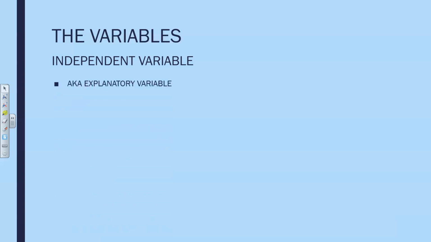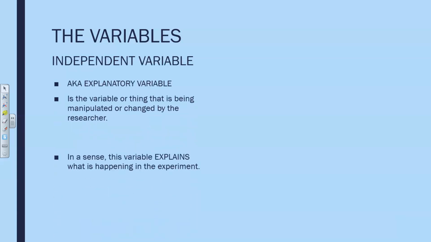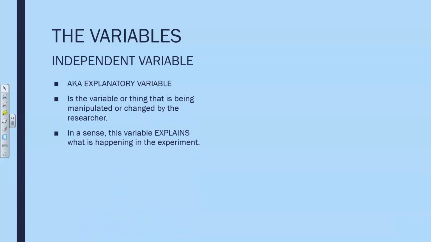The independent variable is sometimes called the explanatory variable. It's the variable or the thing that is being manipulated or changed by the researcher. Okay, the independent or the explanatory variable is the thing that is being changed.